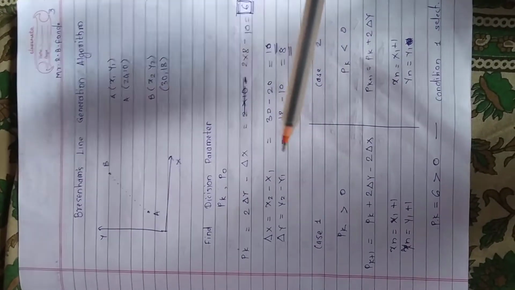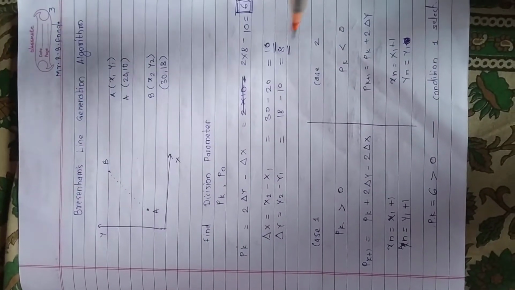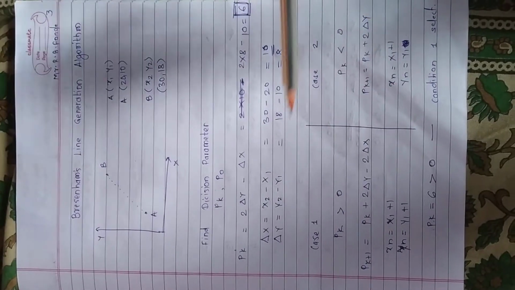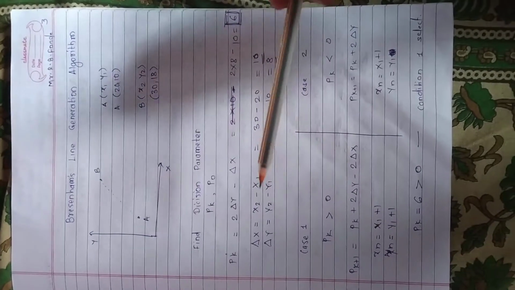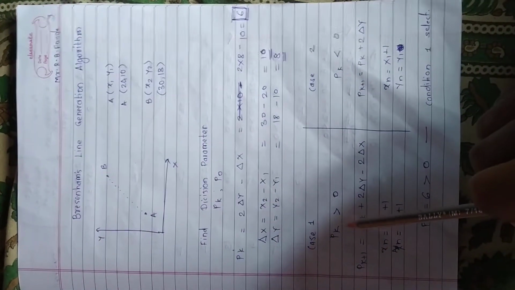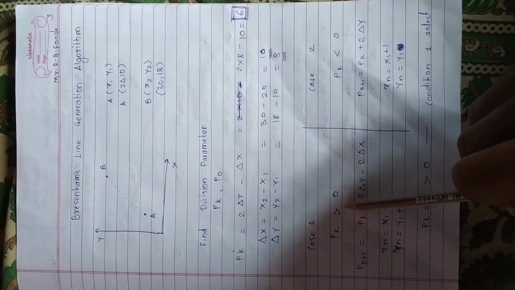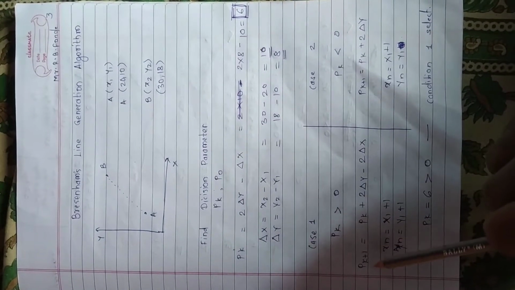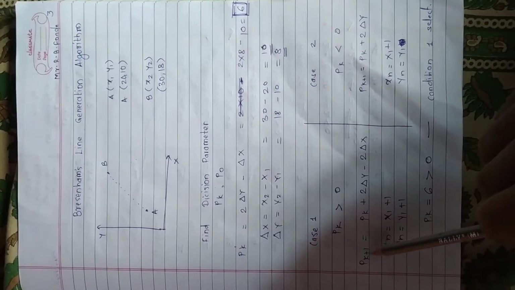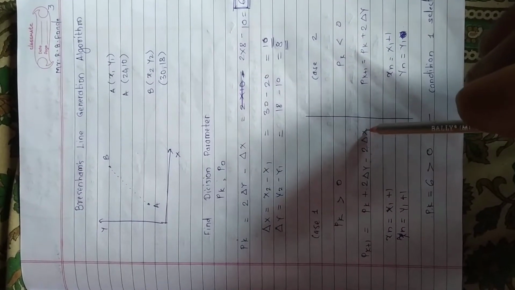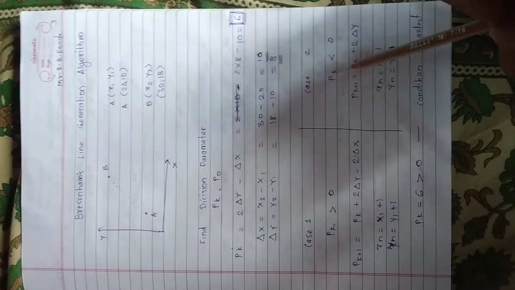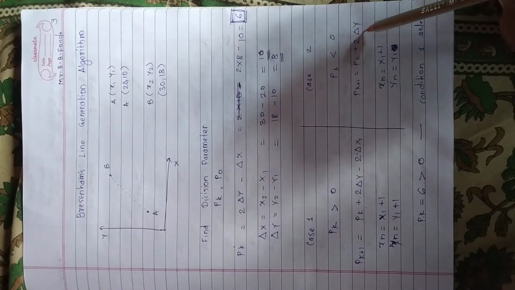Then we have two conditions for the Bresenham's line generation equation: case 1 and case 2. If pk is greater than 0, then we take this formula for finding pk plus 1, which becomes pk plus 2 delta y minus 2 delta x. That is the formula for case 1. Similarly for case 2, the formula is pk plus 2 delta y.